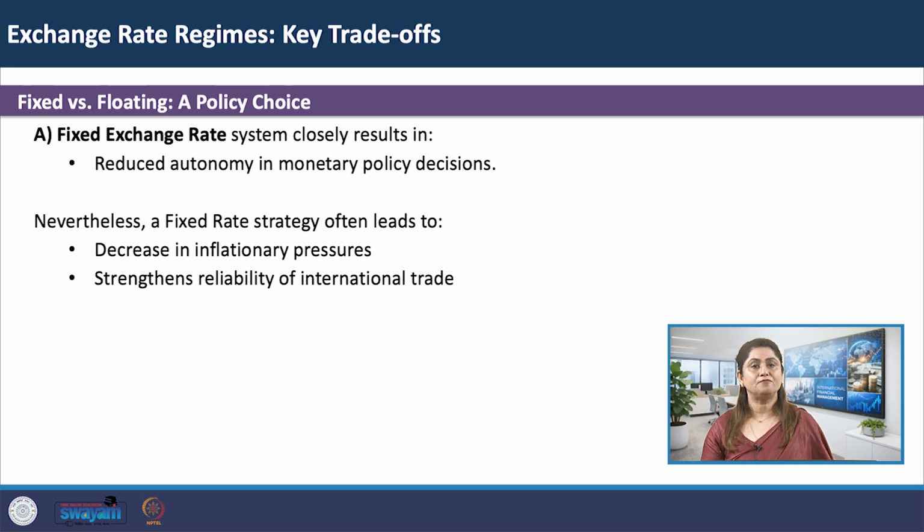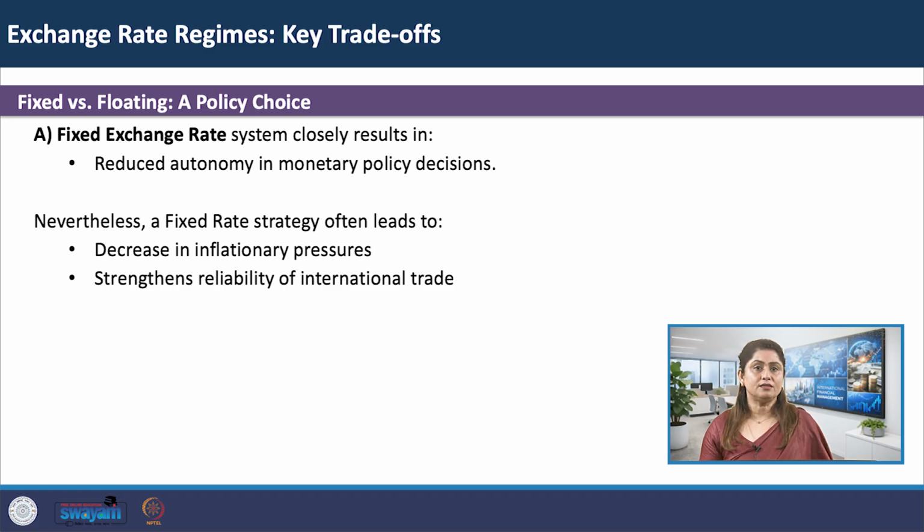However, a fixed rate strategy often leads to decreased inflationary pressure. When your money supply is strictly constrained by reserves or by the requirement to match a peg, you can't inflate. Government can't print money to finance deficits. This forces fiscal discipline.